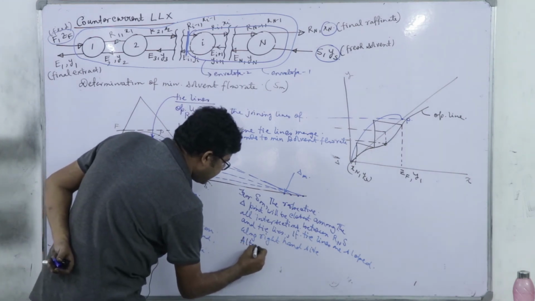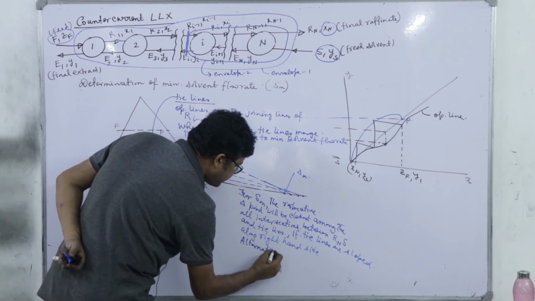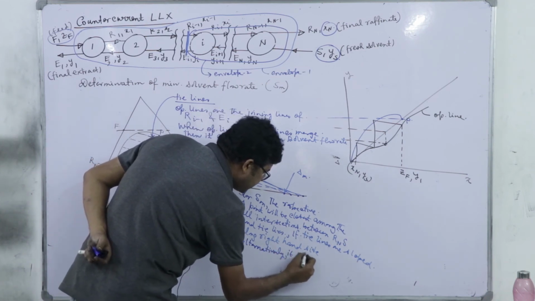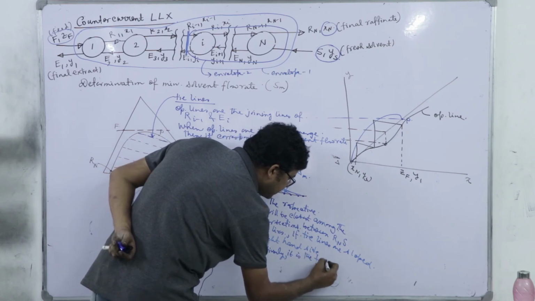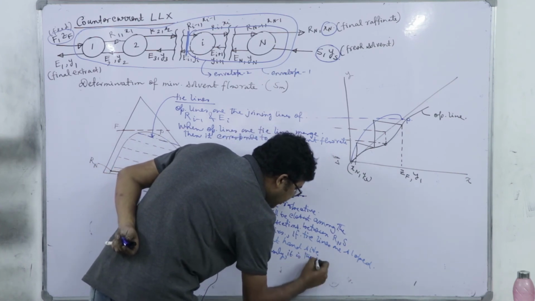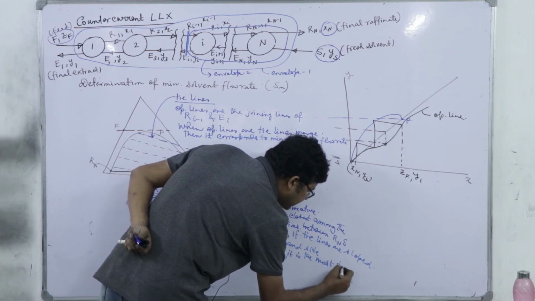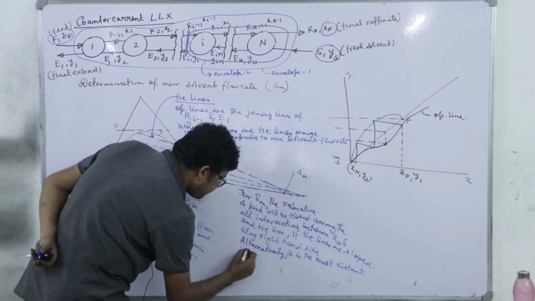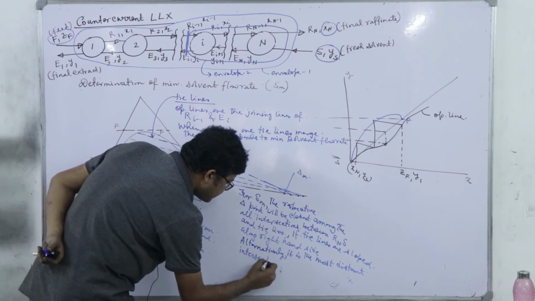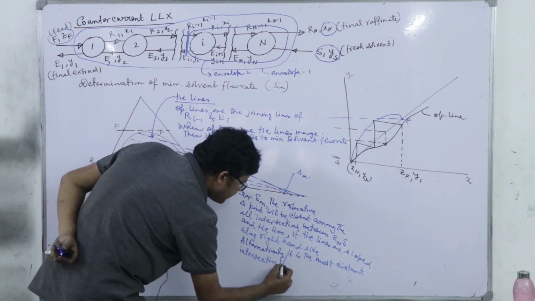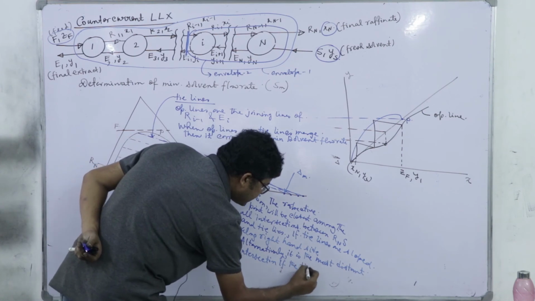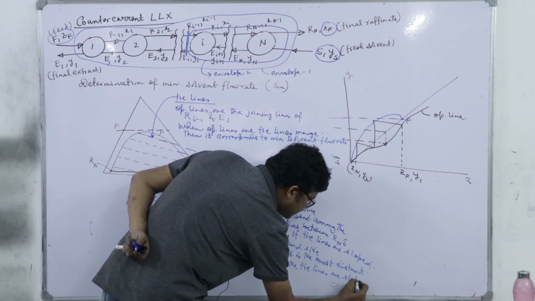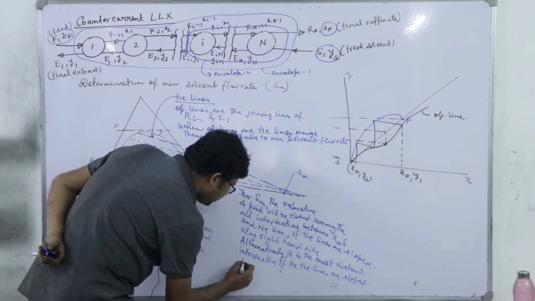Alternatively, it is the farthest, or it is the most distant intersection if the tie lines are sloped towards left.